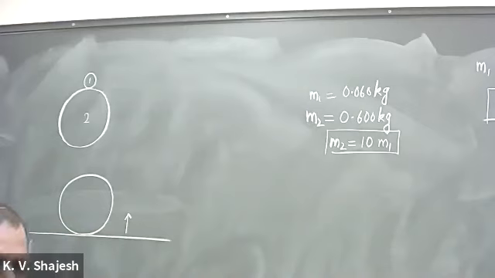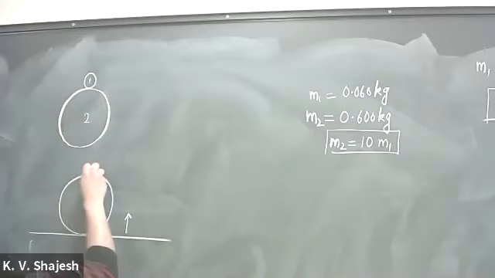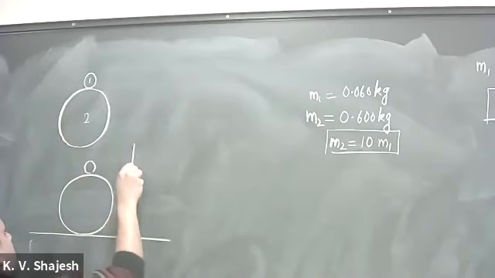Until they reach the ground, they are going to be moving with the same velocity. They will gain velocity, but they'll be gaining the same amount of velocity, because while falling, remember, they are independent of masses. How much velocity they gain does not depend on the mass. So both of them reach a final velocity. And right after collision, the tennis ball is still going down.